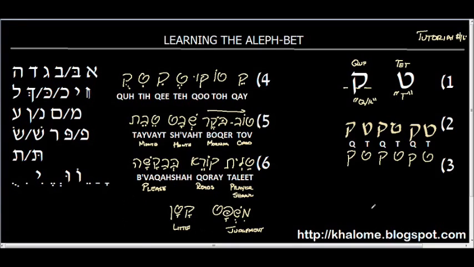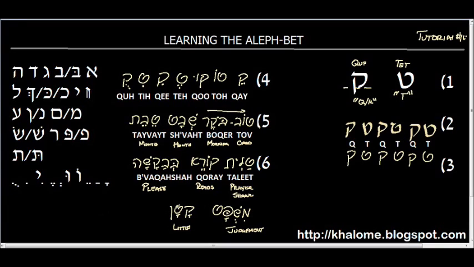I will say this: if you're going to try to spell something in English, or take an English name that a Hebrew-speaking person would be unfamiliar with, let me think of something that has the kuf and the tet in it.